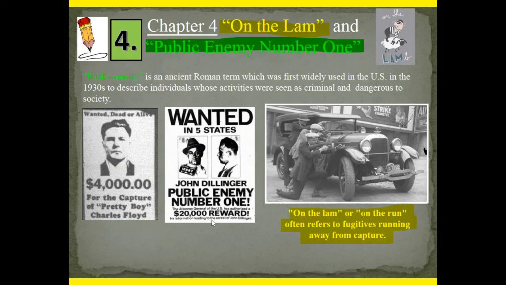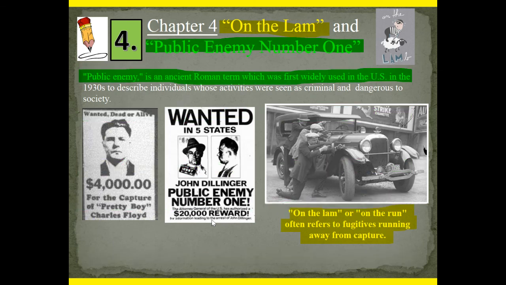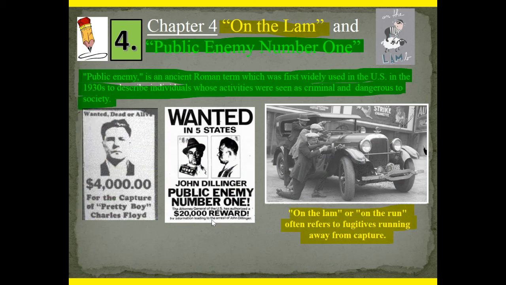You're going to write public enemy number 1. That's 4 words, but just write public enemy number 1. Public enemy is an ancient Roman term which was first widely used in the US in the 1930s to describe individuals whose activities were seen as criminal and dangerous to society. So here's some wanted posters.